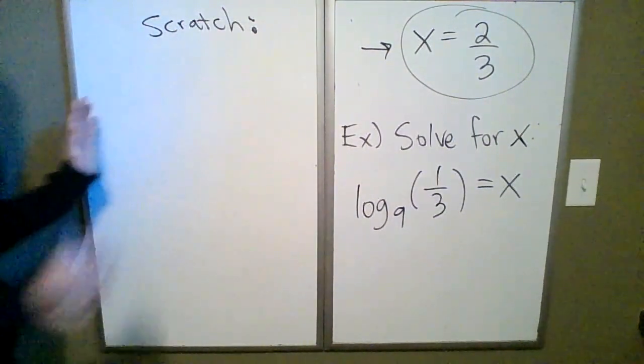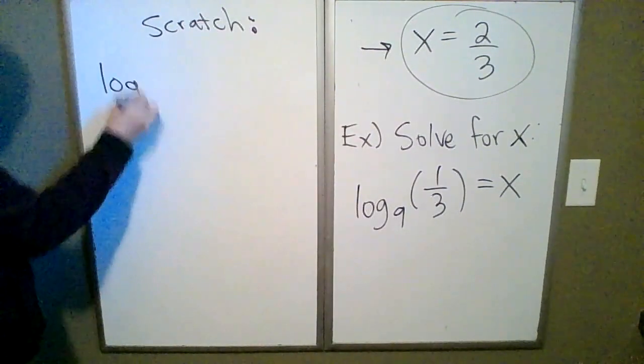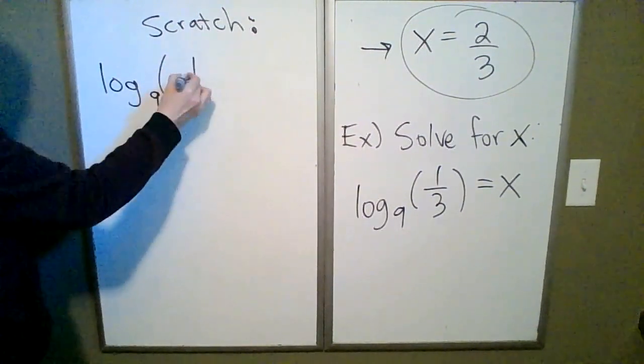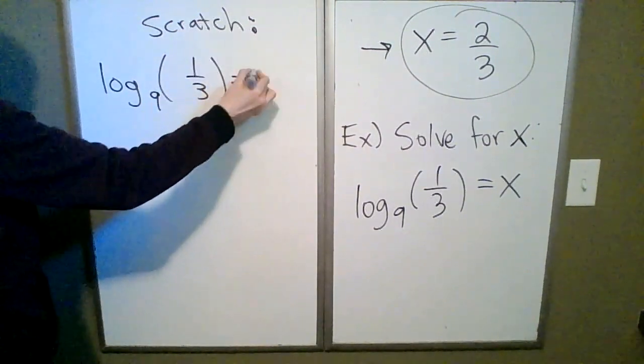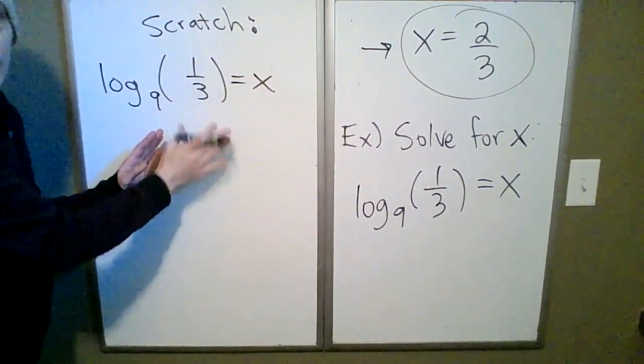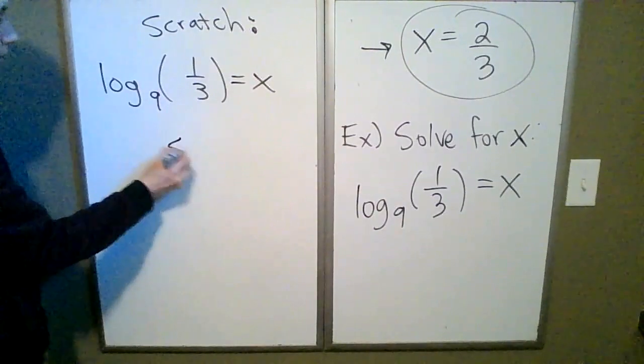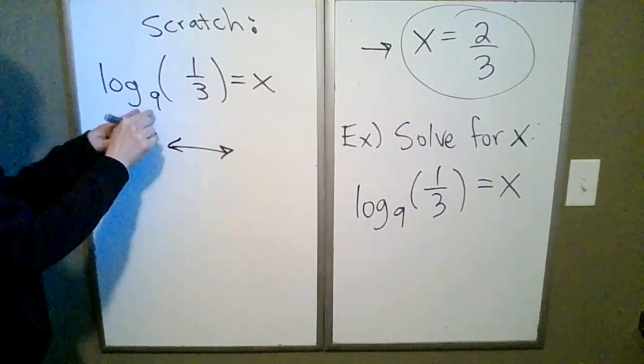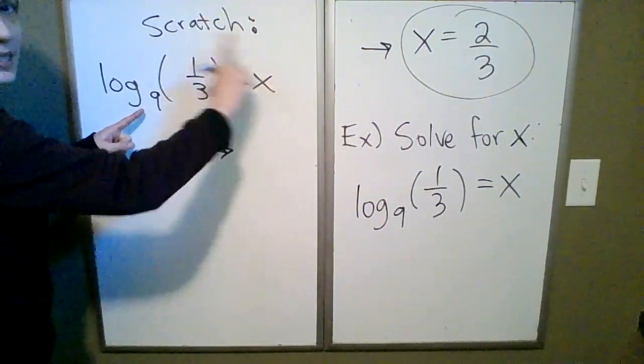I'm going to rewrite this. Okay, and then we'll switch to the exponential form. Take 9, put it to a power of x, and then set it equal to 1/3.